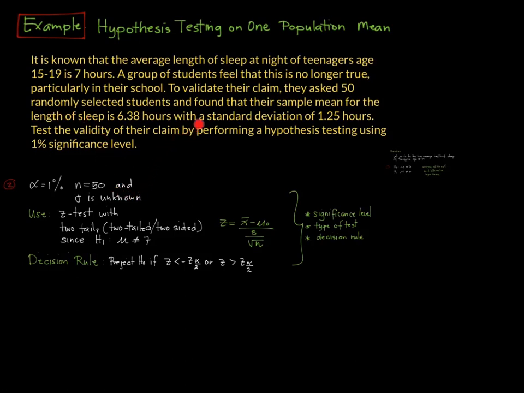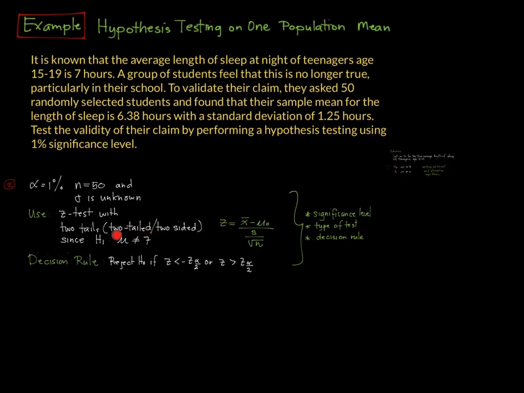Take note that we don't have any value for sigma, so sigma is unknown. With this information, we know that the type of test to be used is a z-test, and that z-test will be using two tails because the alternative hypothesis states mu not equal to 7.